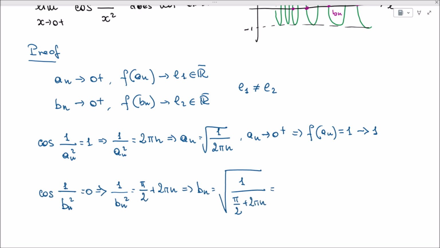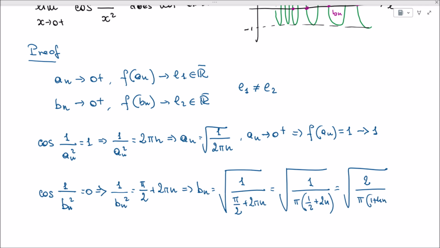We can rewrite this in a better way, as this is pi times 1/2 plus 2n, and again this can also be rewritten as 2 divided by pi times 1 plus 4n.